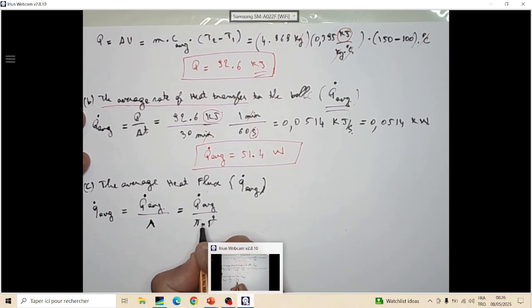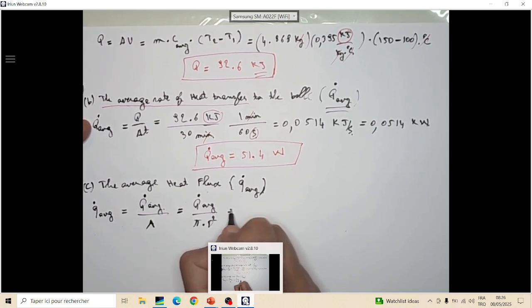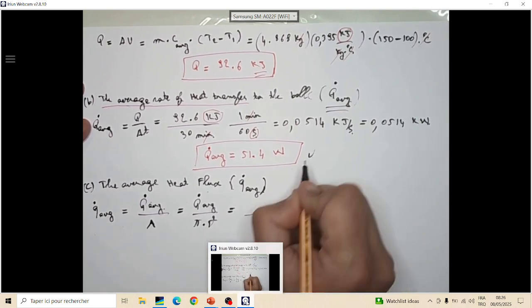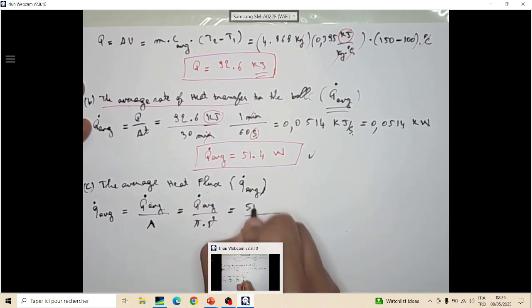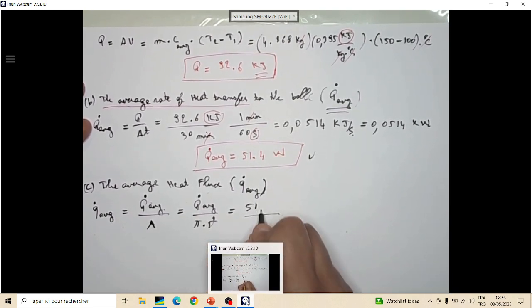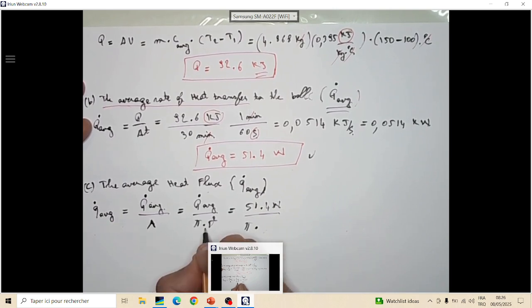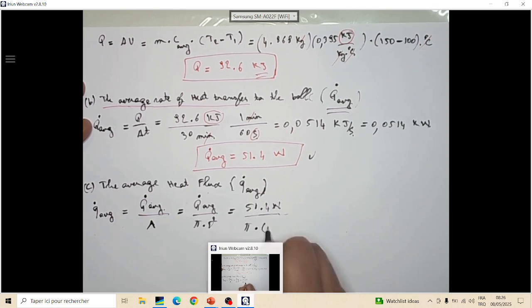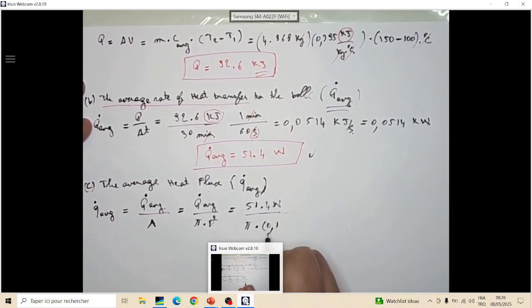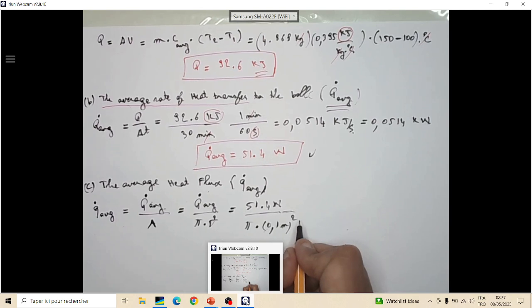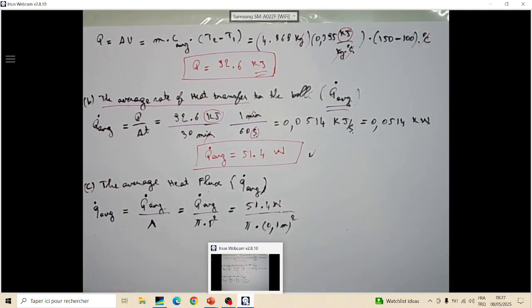For Q average we have already calculated it: it is equal to 51.4 watt, and we have to use here pi times D squared, where the diameter D is 0.1 meter, squared.